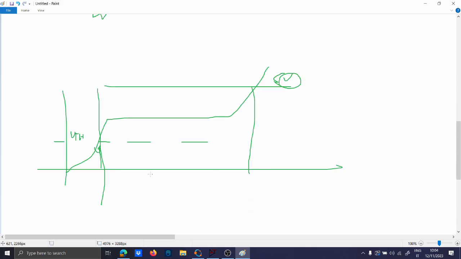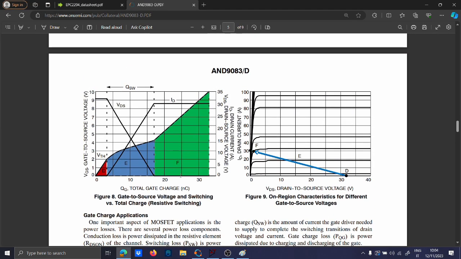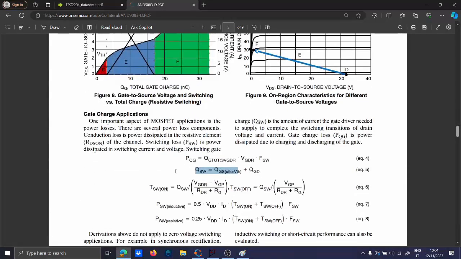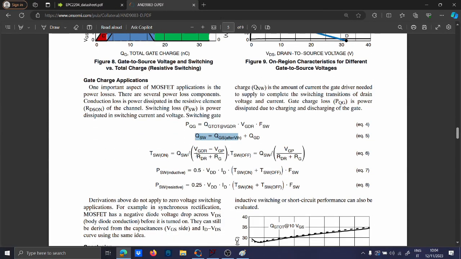All of this is the QGS for him. I tried this method and it is quite reliable, I think. As you see, it takes the Q switch until 4, 4.5 volts. It is quite reliable, and I will use this method here.